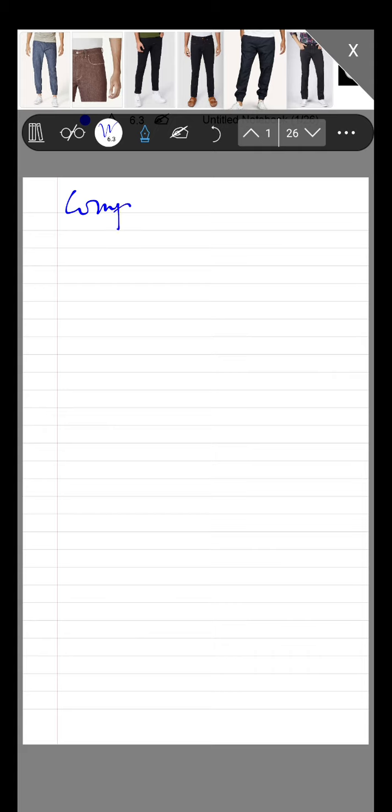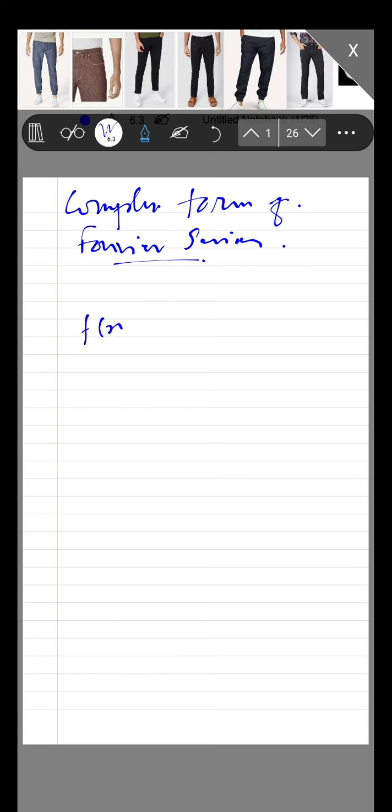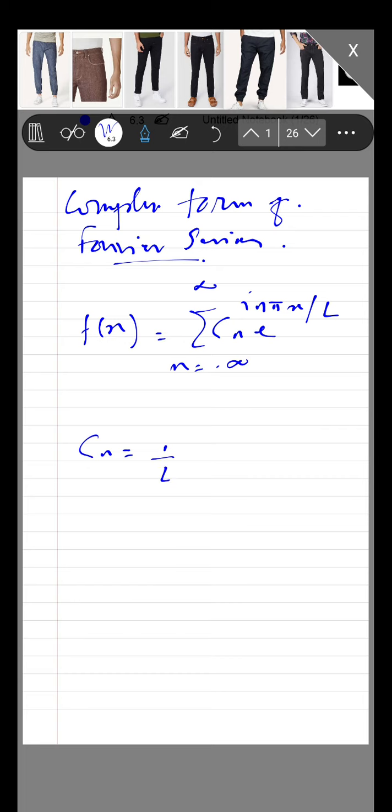So you can write f(x) as equal to summation n is equal to minus infinity to infinity cn e to the power i n pi x by L, where cn is equal to 1 by 2L integral from c to c plus 2L of f(x) e to the power minus i n pi x by L dx.